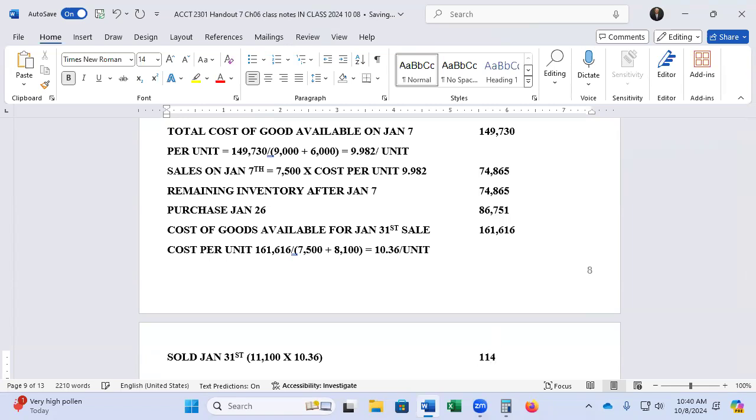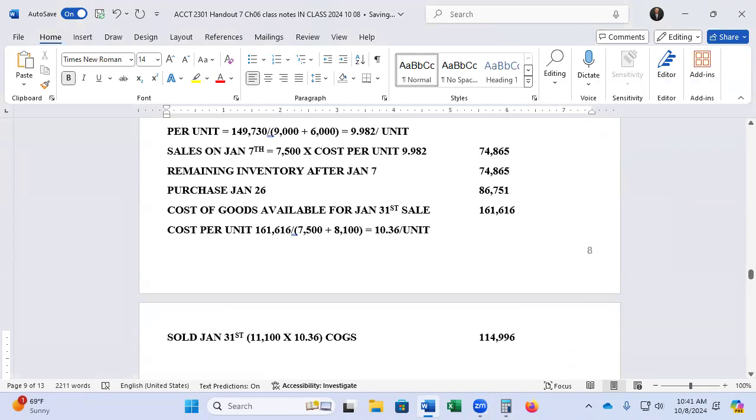I got 114,996. Okay. And so this is our cost of goods sold. And so we have our cost of goods available minus our cost of goods sold. This is our ending inventory.